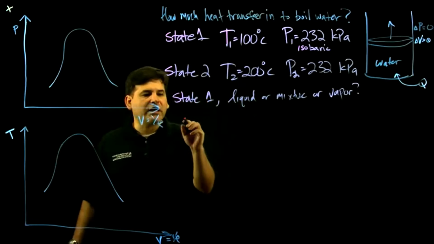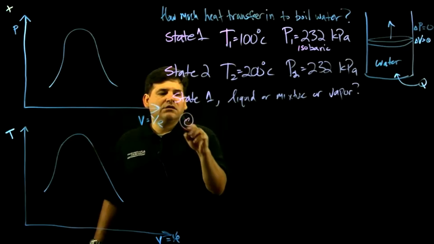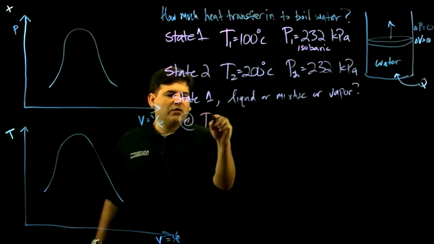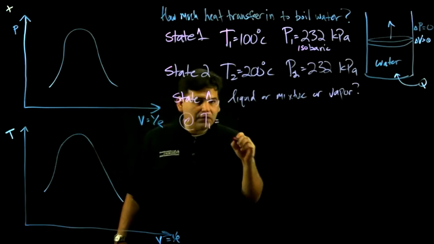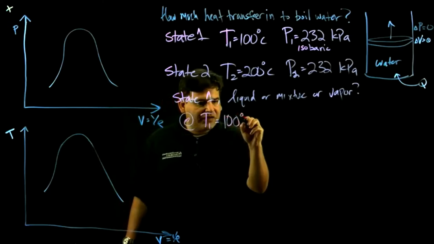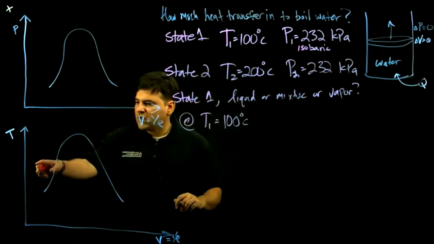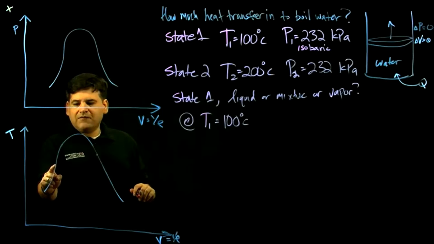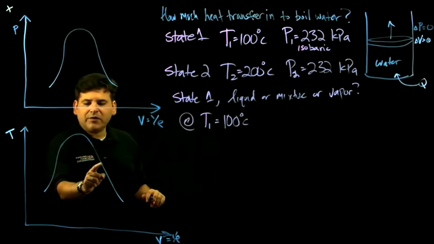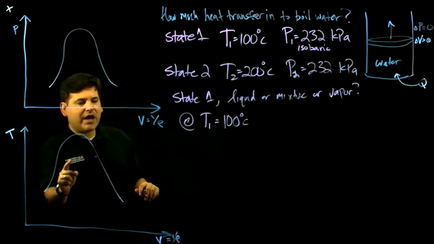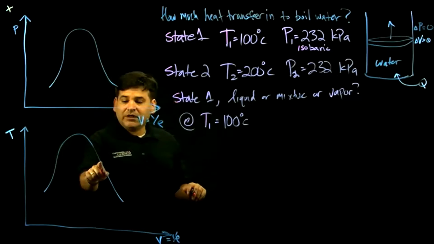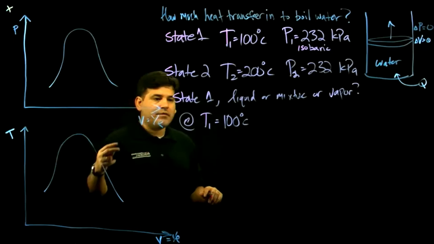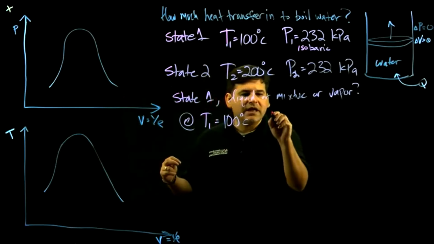Well, we can look at the temperature first. So at the T1 we're given, we can ask ourselves, okay, at this temperature, what is the saturation condition? Meaning that if we were at this temperature and saturated, meaning either saturated liquid, saturated vapor, or somewhere in between, there's only one possible pressure we can be.